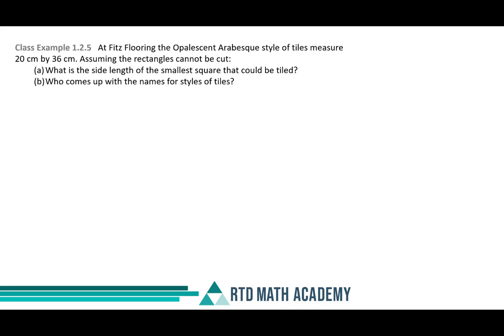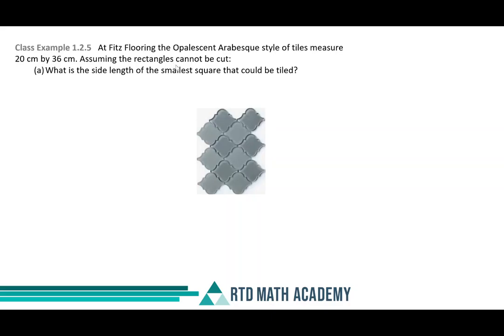So the first thing I'm going to do is figure out what an opalescent arabesque style of tile that measures 20 centimeters by 36 centimeters looks like. I can see that it's a common shape we probably have seen before. This one looks pretty intricate and interesting. I really like the color.